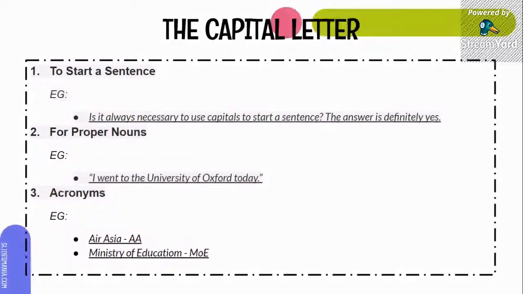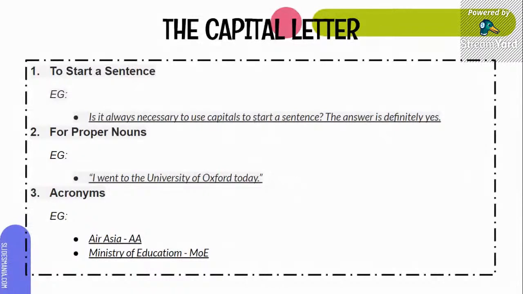There are two sentences in this example. You can see that the first sentence starts with a capital letter I, and the second sentence, the answer is yes, the T is a capital letter. That indicates there are two sentences in this example.